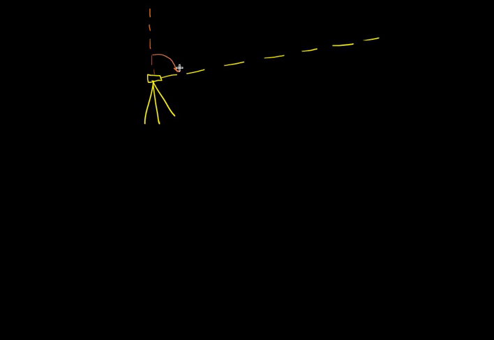This is your ZA, or zenith angle. What this does is form a right triangle. Right here, this is 90. This is point 1. You use a slope distance and your zenith angle. This is going to be your slope distance.